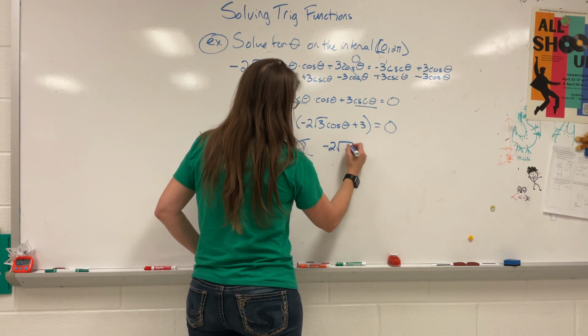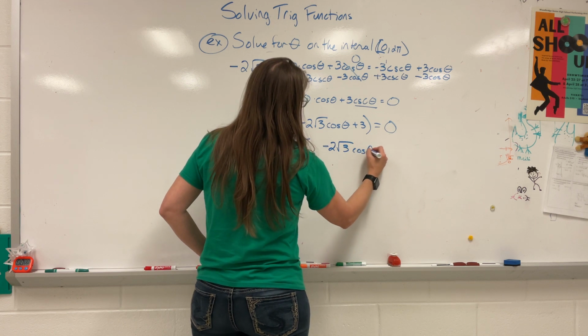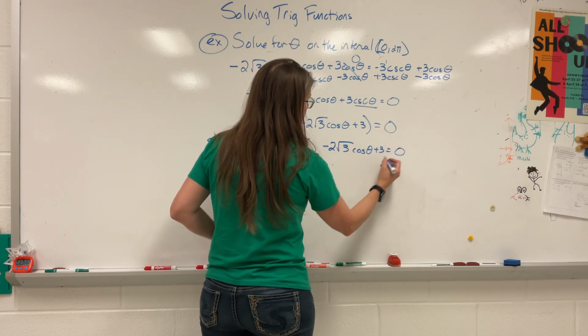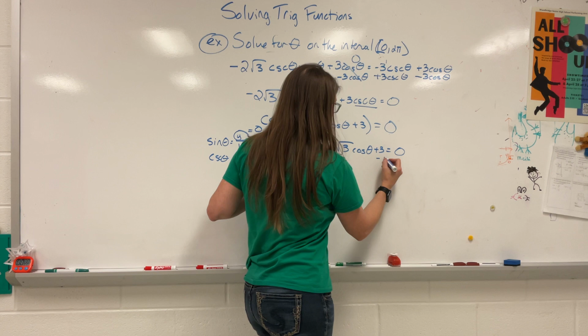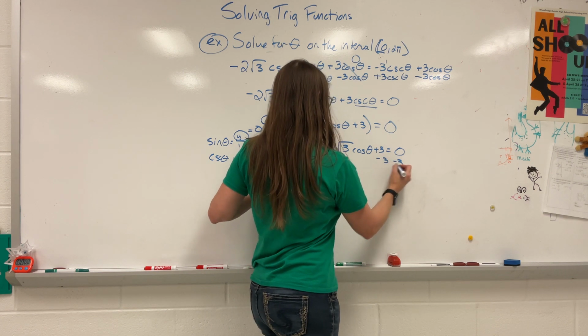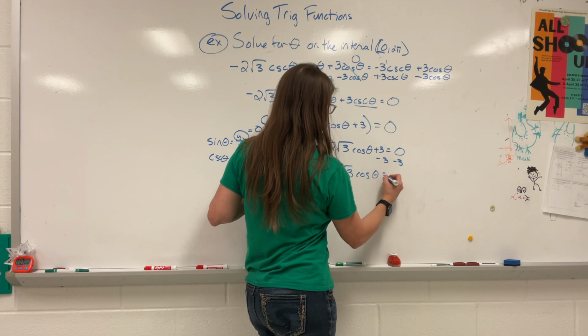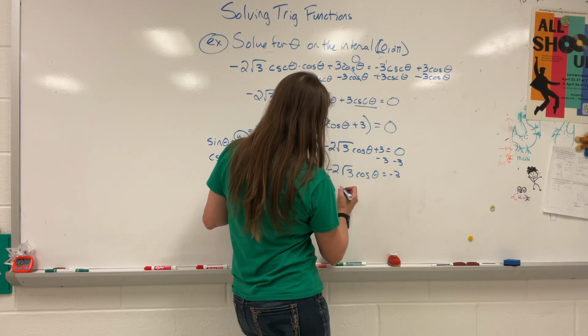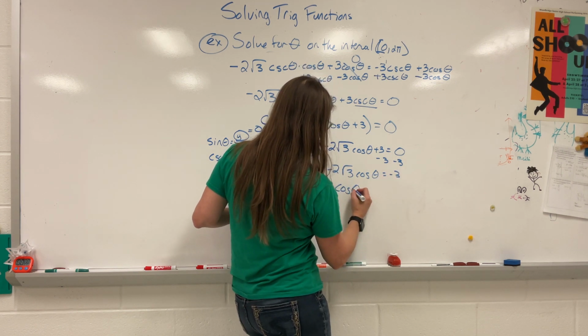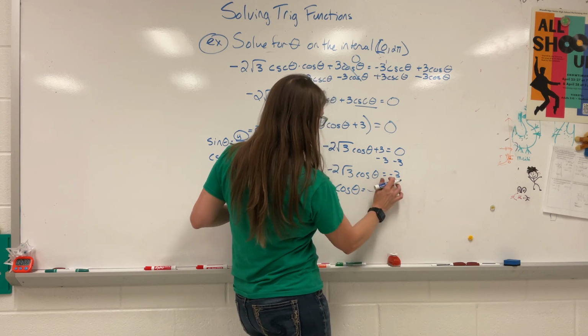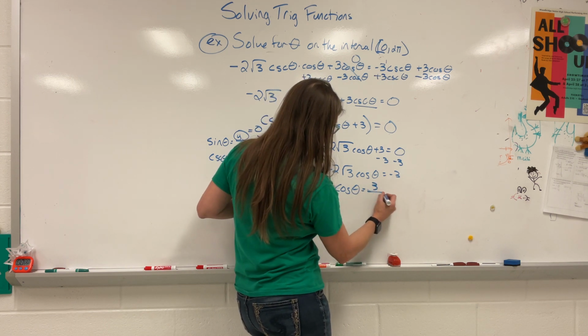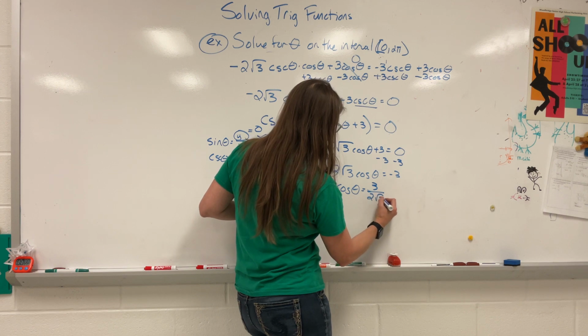So -2 radical 3 cosine theta plus 3 is equal to 0. I subtract 3, -2 radical 3 cosine theta is equal to -3. I have cosine of theta is equal to, now I know a negative divided by negative is a positive, so it ends up being 3 over 2 radical 3.